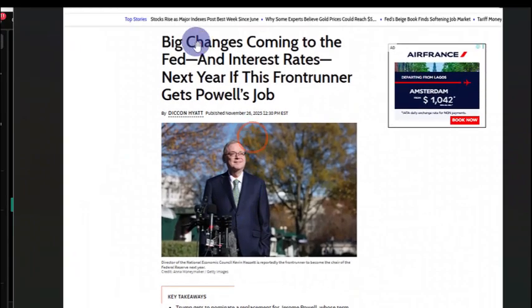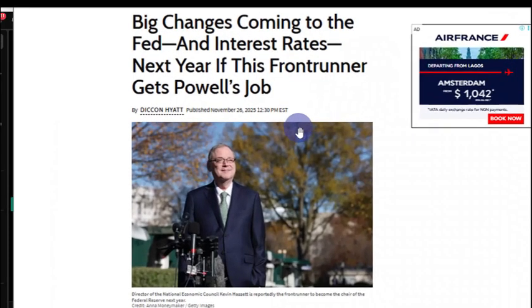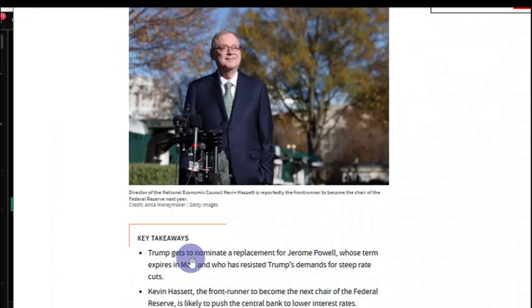So even more good news is that big changes are coming to the Fed and interest rates, as we can see that the Fed or Trump is about to nominate a replacement for Jerome Powell, which is very bullish, by the way, because this man right here, Kevin Hassett, could be the front runner for the next Fed chair and is likely to push for lower interest rates, right?